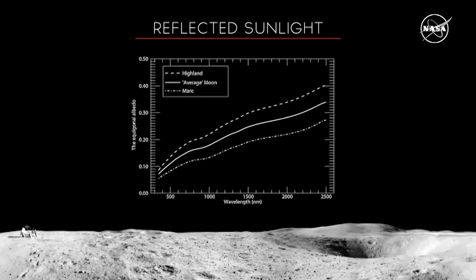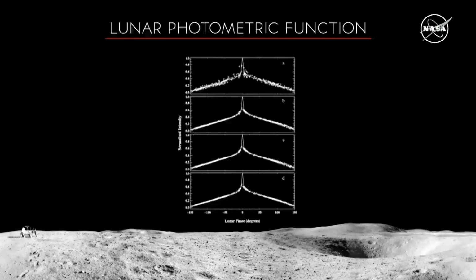The reflectance of lunar soils, although they're really quite dark, tend to be slightly reddish, so the albedo or reflectance in the blue is slightly lower than the reflectance in the red and in the near infrared. The reflected light off the surface of the moon shows a surge at zero phase.